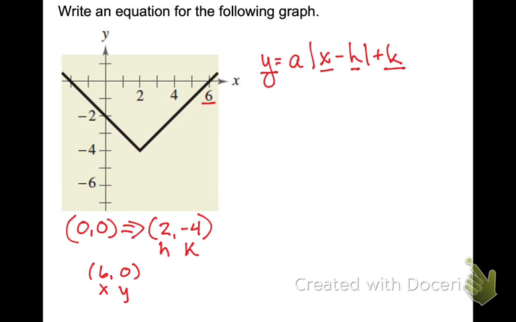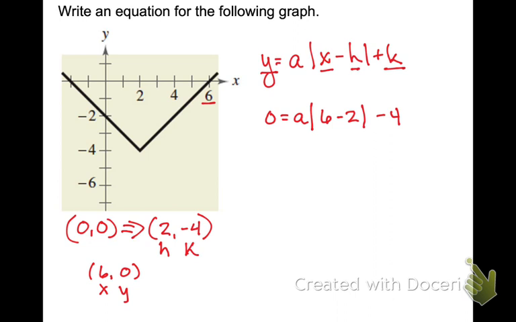Yeah, I just plug them in, right? So y is what? 0 equals a times the absolute value of x, 6, minus 2, minus 4. I thought one of those was plus, and then it was up or down or left or right.